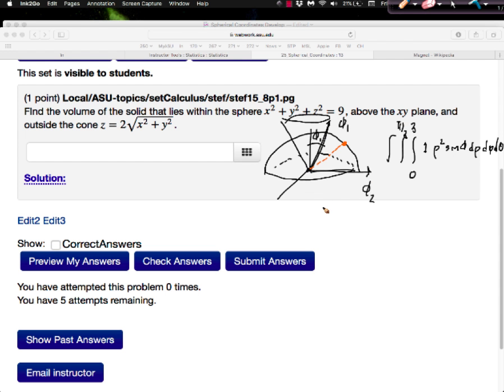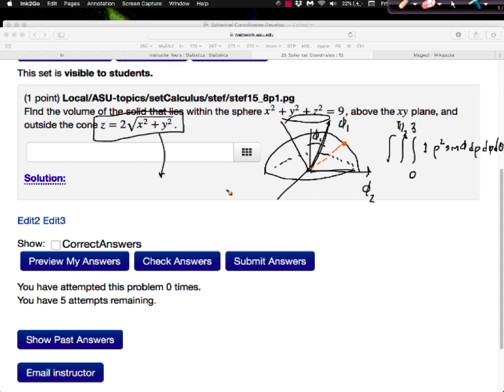It's the angle tipped down from the positive z-axis to the edge of that cone, because that's where the solid starts, right? The solid starts on the edge of the cone with regards to phi. Okay, so we can do the math here to get that, right? So this cone should associate with some angle phi because that edge of that is some constant value tipped down.